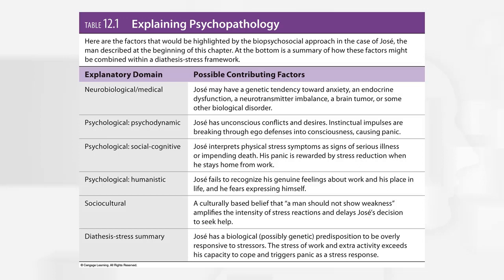So what are some psychological models that we use to help us to think through or explain psychopathology? We've already taken some time to talk about a neurobiological or medical approach. So in other words, is there an endocrine dysfunction or an endocrine imbalance? Is there a neurotransmitter imbalance that might have caused or be connected to a psychopathology?